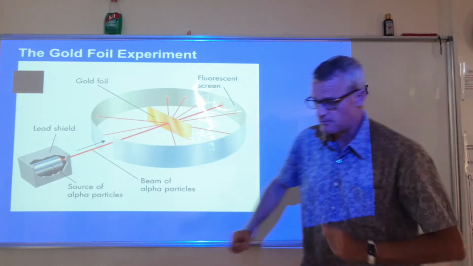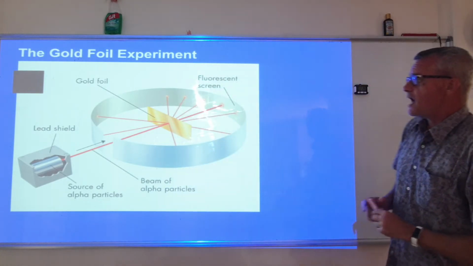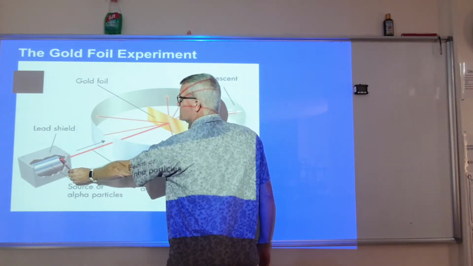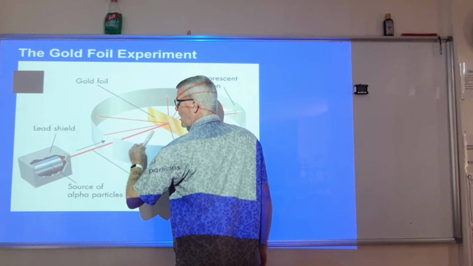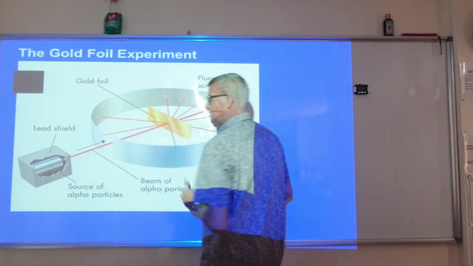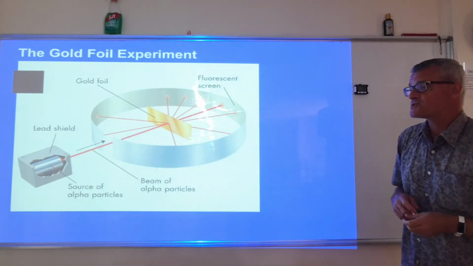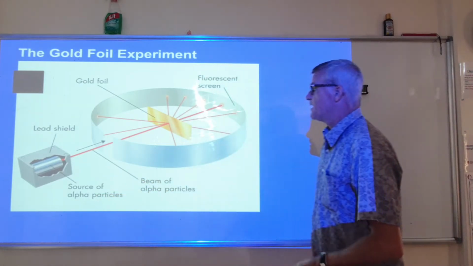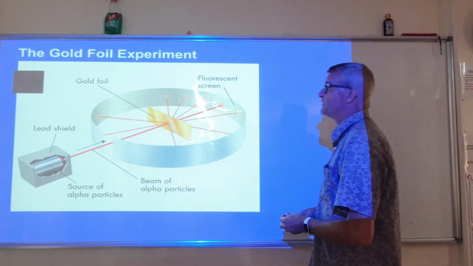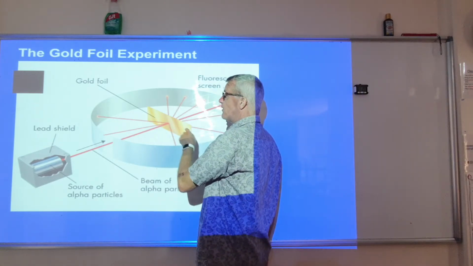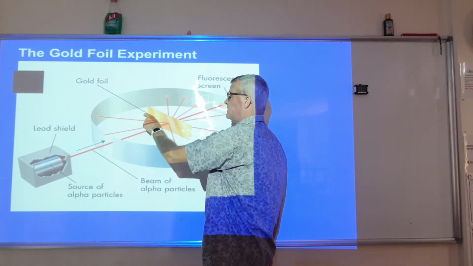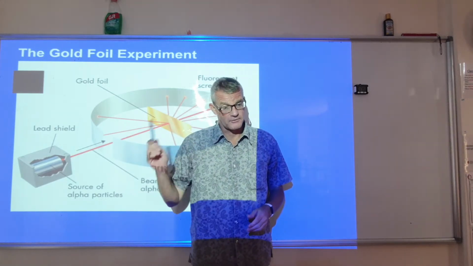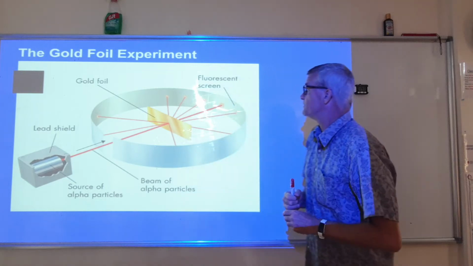So he had a radioactive source which was beaming out alpha particles. At that moment, they knew already that the alpha particles were positively charged. He directed them at a gold foil, very, very thin. Later we will discuss why he chose a gold foil and no other material.